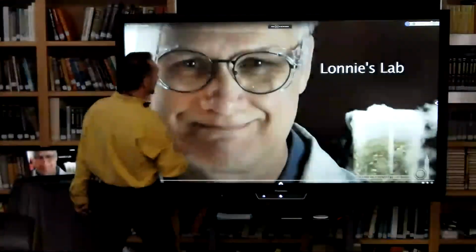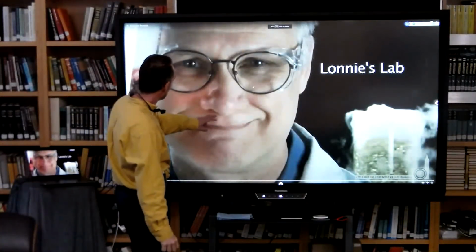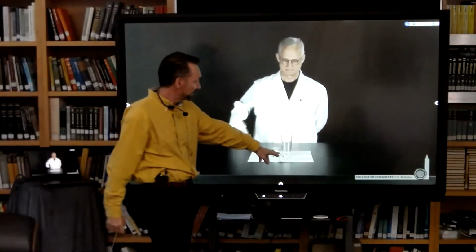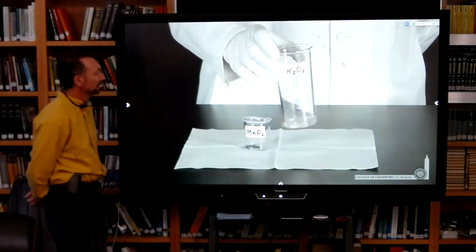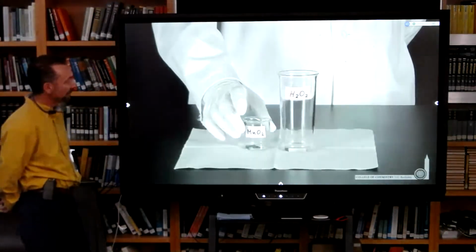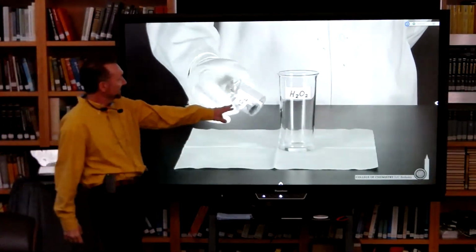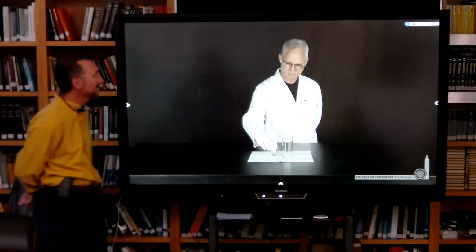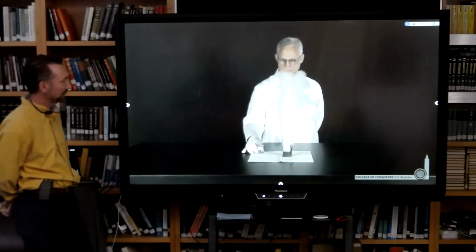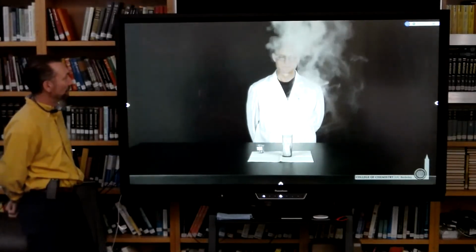So let's watch Lonnie do it in real time. So Lonnie is going to take this hydrogen peroxide, and notice it's sitting there stable on the counter. So just like the hydrogen and oxygen in a balloon, this manganese oxide is a catalyst that catalyzes the reaction of that decomposing to water and oxygen. And there it goes.